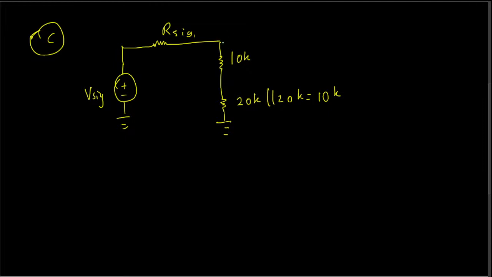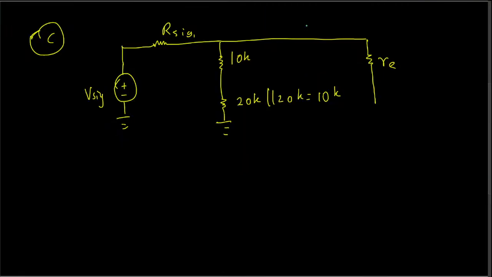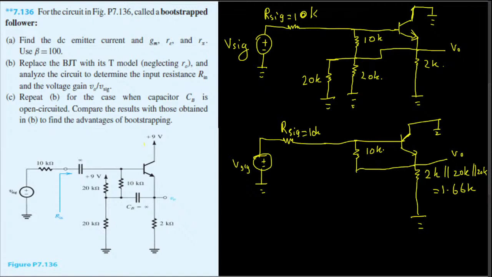And we go here. The one parallel to this would be the emitter resistance, and the top part of the BJT is connected with the collector current, that is gmVπ. This one will be grounded on the top, and in the bottom we have a 2k ohm resistor, and Vout is right here.